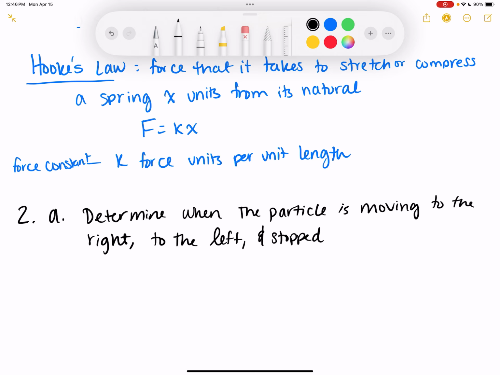So, here, let me write above what the actual problem statement is for number 2. v of t is equal to 6 sine of 3t, 0 is less than or equal to t, less than or equal to pi over 2. So that's the actual problem statement for number 2, and then this is part A here.